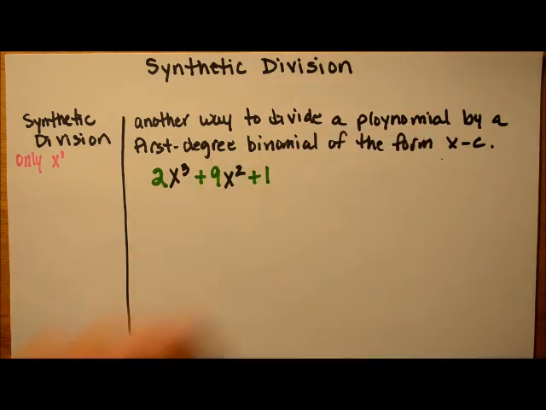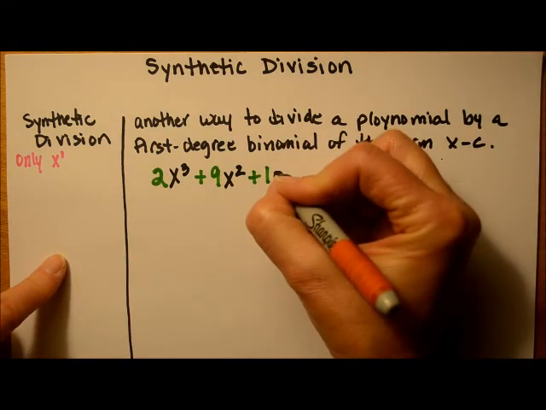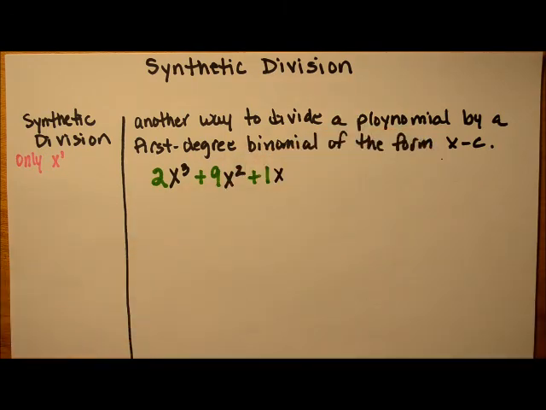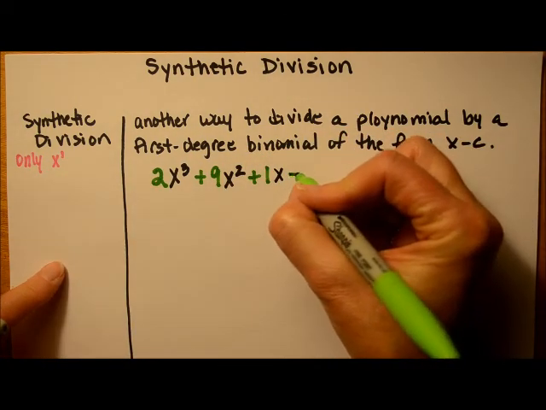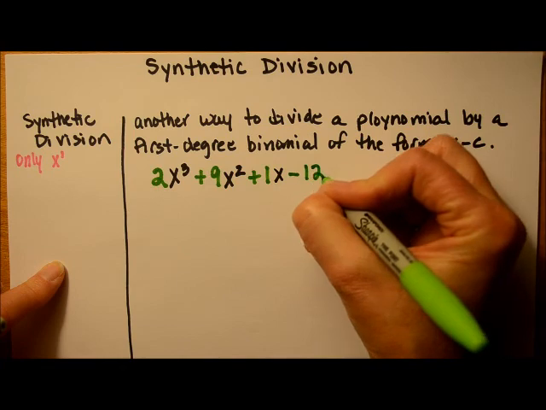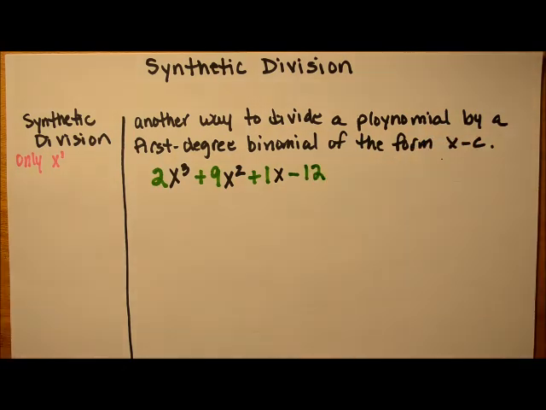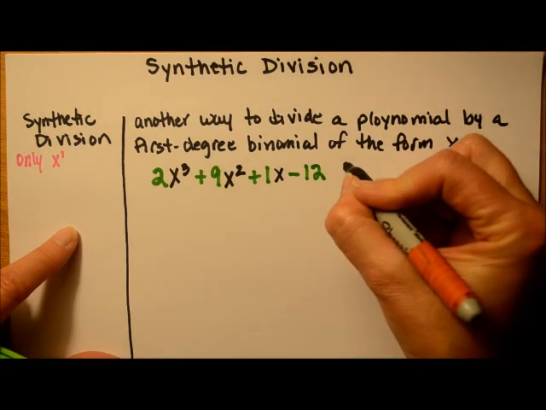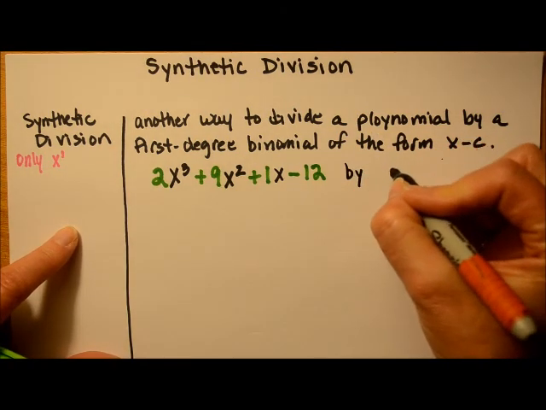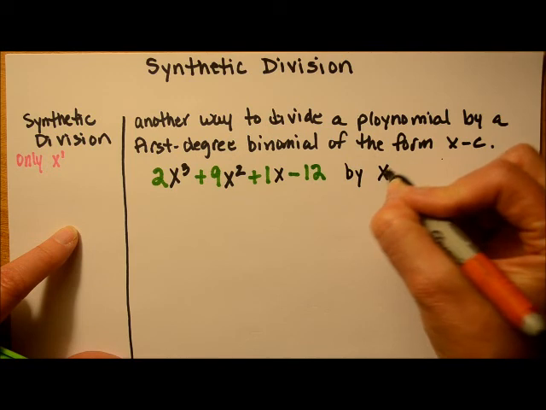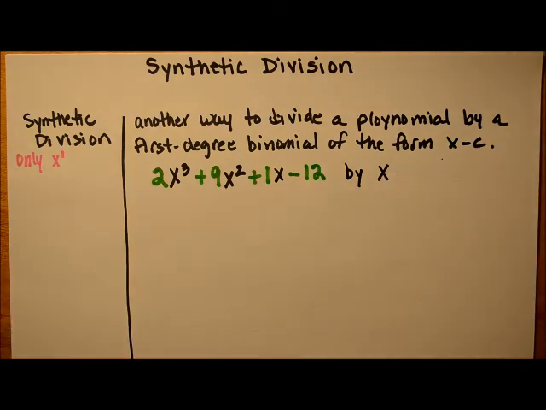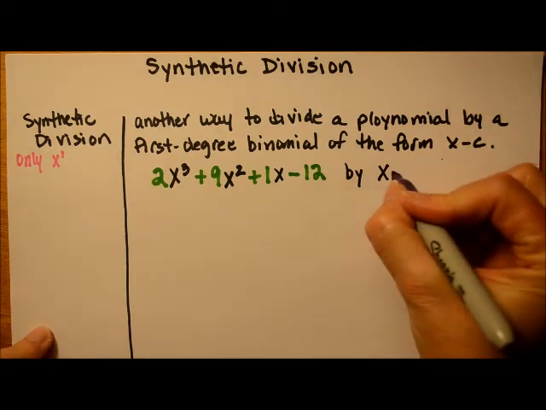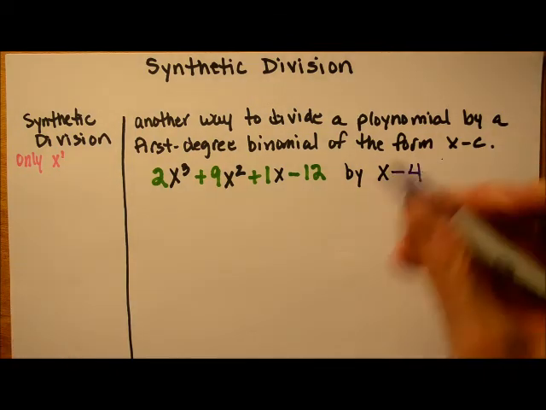I'm going to put a 1 there, even though we don't usually show that. Okay, so there's my polynomial that I want, and I'm going to divide it by x minus 4.